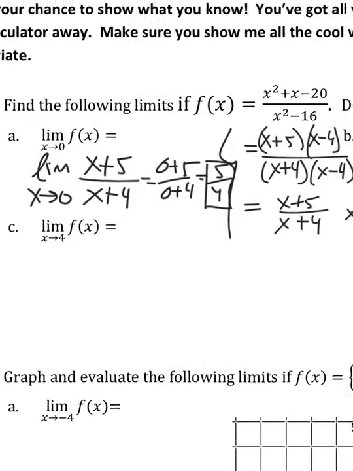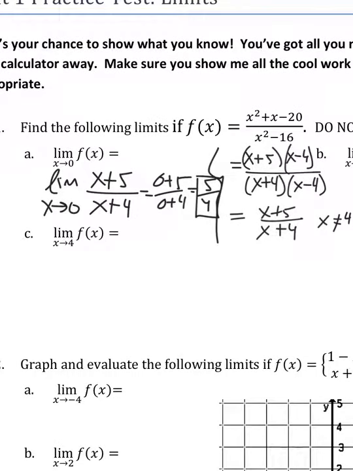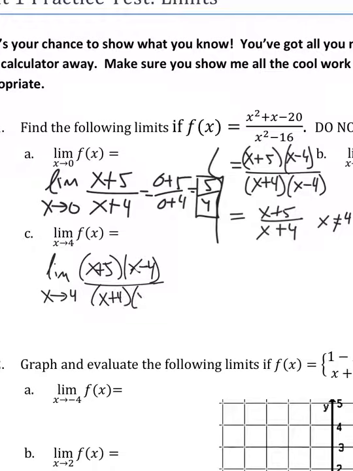What about x going to 4? Well, the big idea is that we have a problem with this original one. I'll write it in factored form: (x plus 5) times (x minus 4), sorry, that's a minus 4 there, over (x plus 4) times (x minus 4).